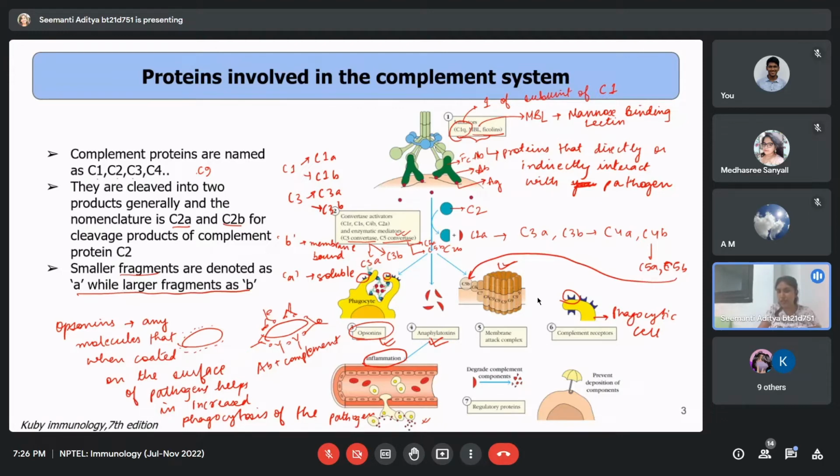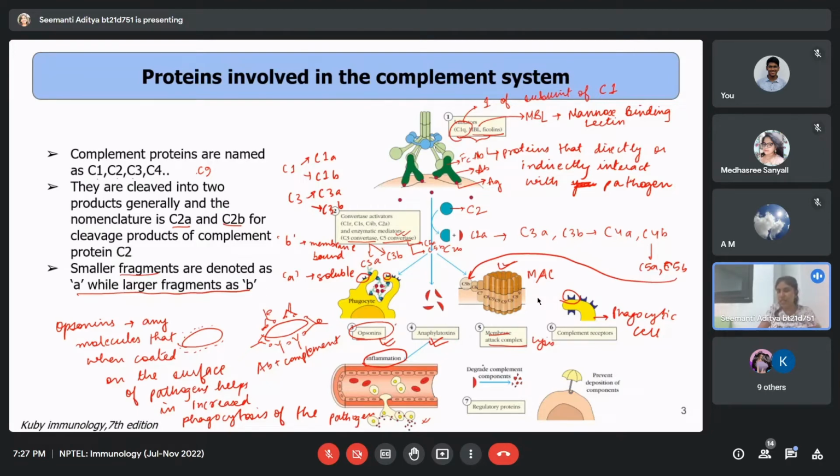So this is all the membrane bound form. These form a complex, and finally a MAC complex is formed, known as the membrane attack complex, and this results in the lysis of the cell. So we have seen three important functions: inflammatory response, lysis, and opsonization.